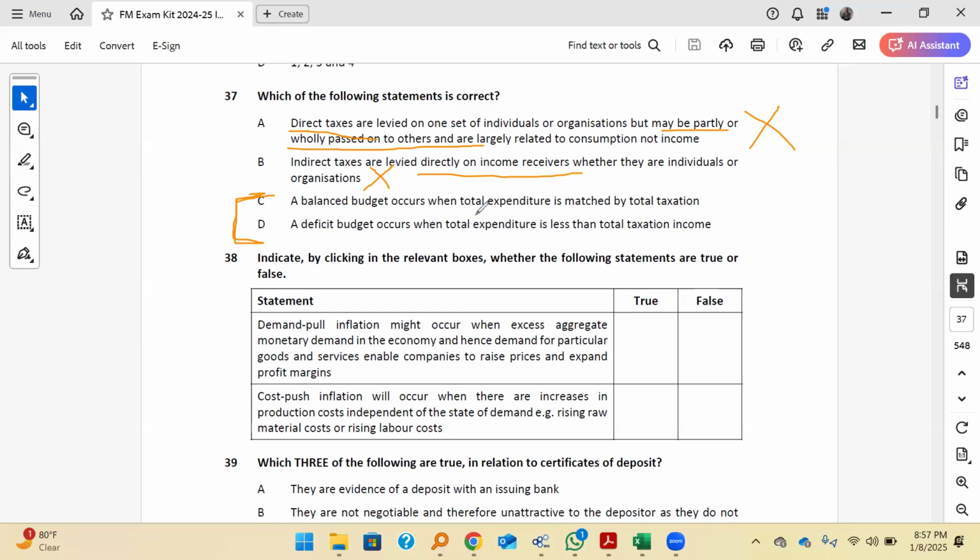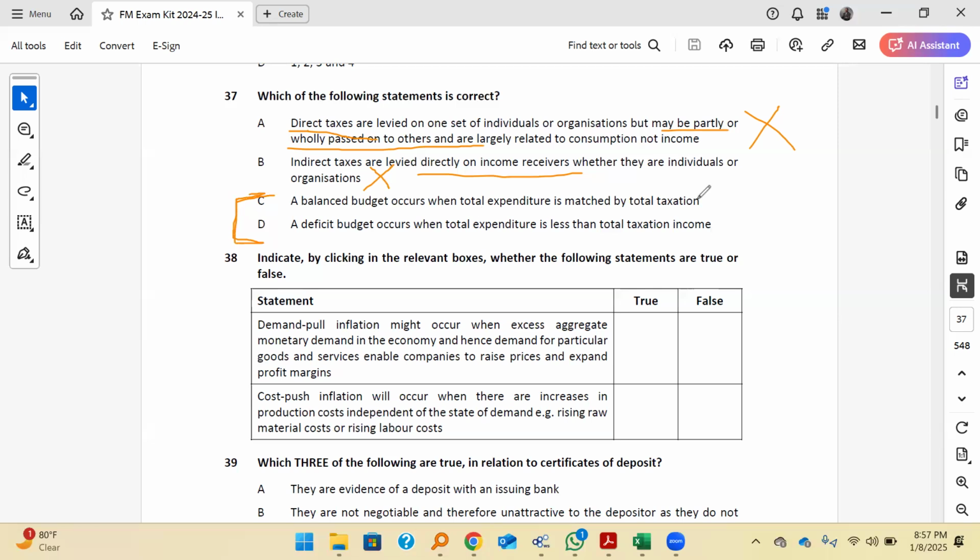Ideally, if you look at the one we have in Uganda, you would want to have income from taxation equal to the expenditure you incur for the public services, such that you don't have a deficit that causes you to borrow money.